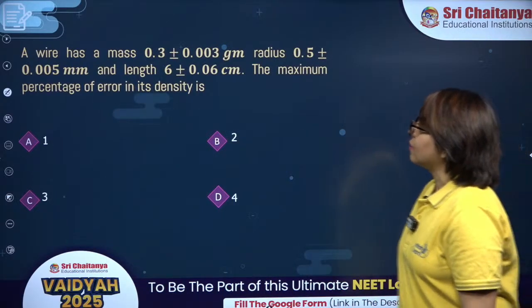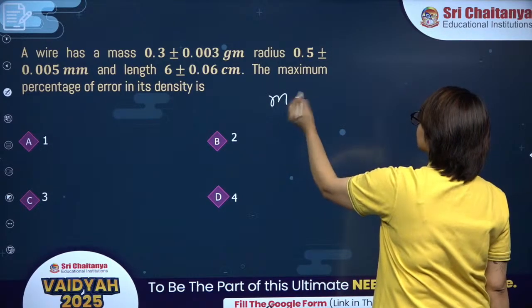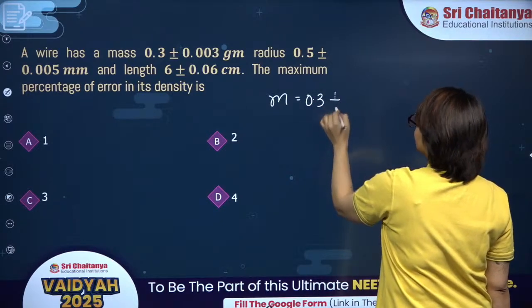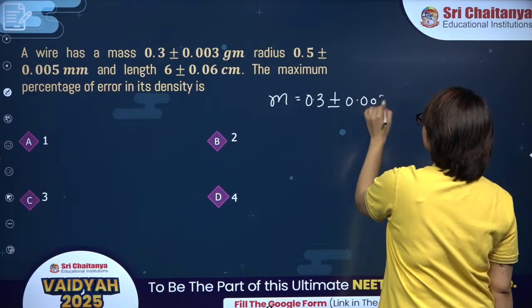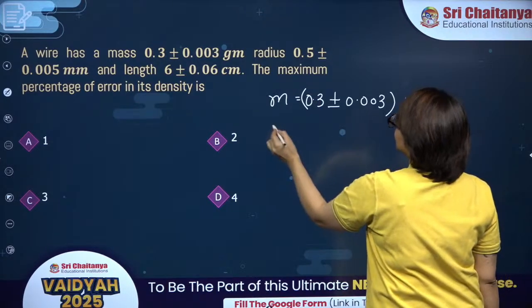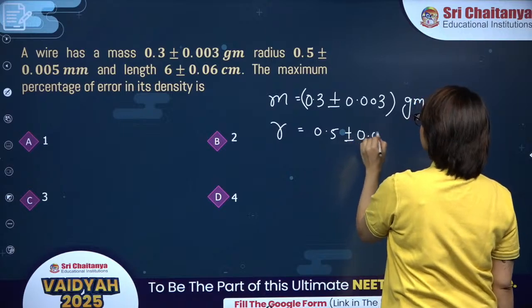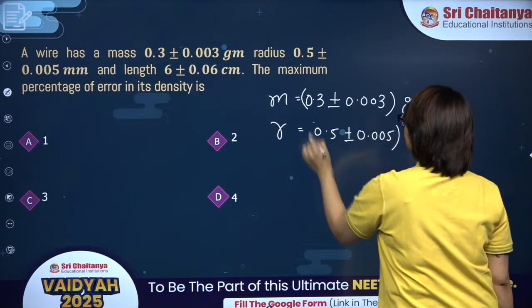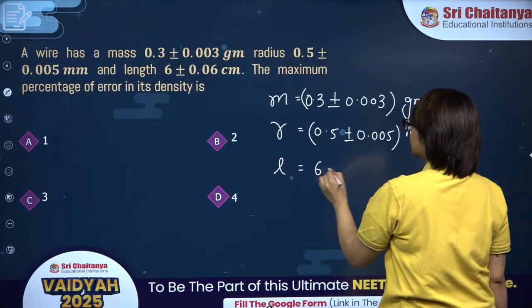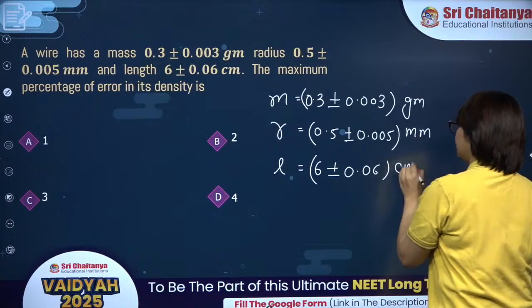Let's try this one. This is from units and measurement. A wire has a mass 0.3 plus minus 0.003 gram, radius 0.5 plus minus 0.005 millimeter, and length 6 plus minus 0.06 centimeter.